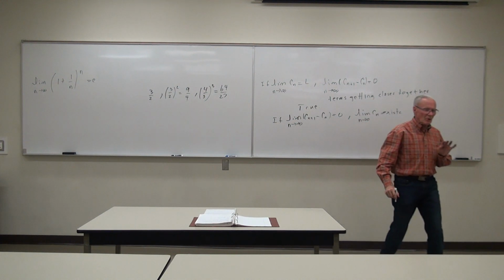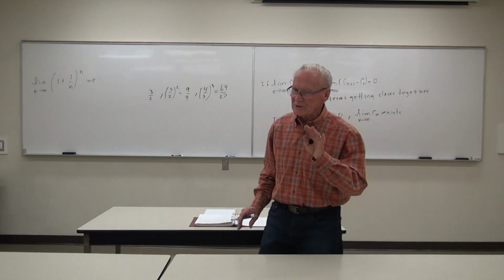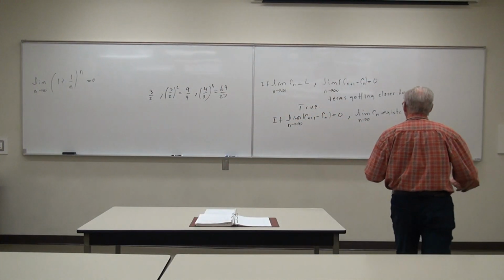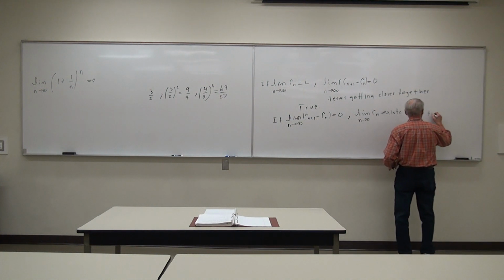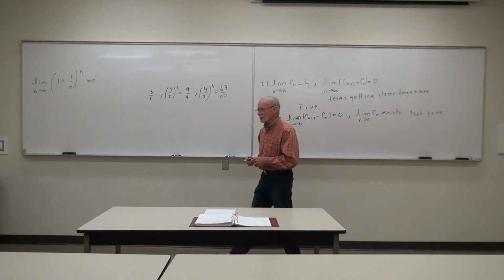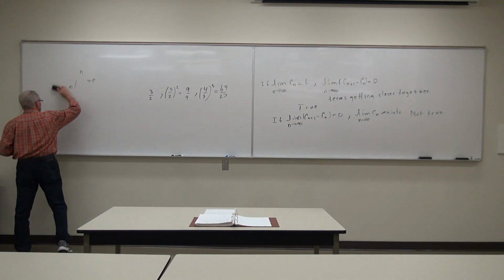If terms are getting closer and closer together, does that mean that the sequence is going to have a limit? And the answer is no. Not true. There are sequences where the terms do get closer and closer together, but they do not have a limit, and I'll give you 2 examples.